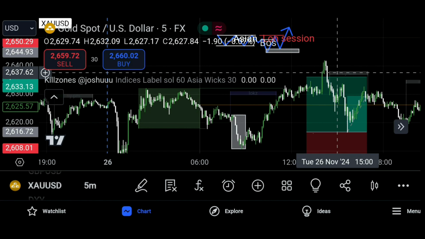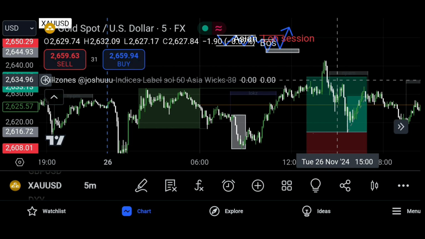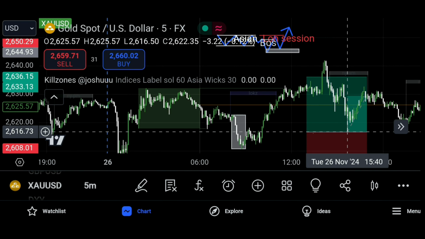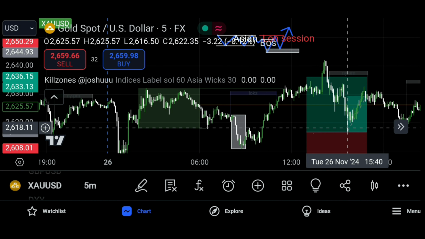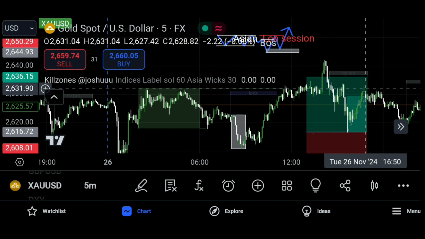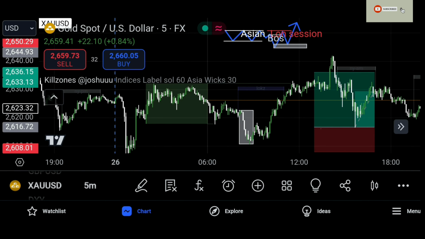For this example, it started around the New York Q zone. That was when the market started coming back down, and it filled me down here, and then it went in my direction. So I came out of the trade here.